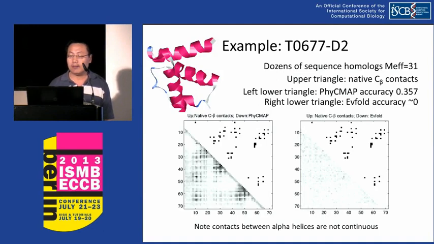The upper right triangle shows the native C-beta contacts, the lower left triangle shows the prediction by our method, and the lower right triangle shows the prediction by UV-fold. UV-fold is another residue co-evolution-based method. For this target, you can see UV-fold just doesn't apply. Although our method is not very good, it is much better than UV-fold for this target.